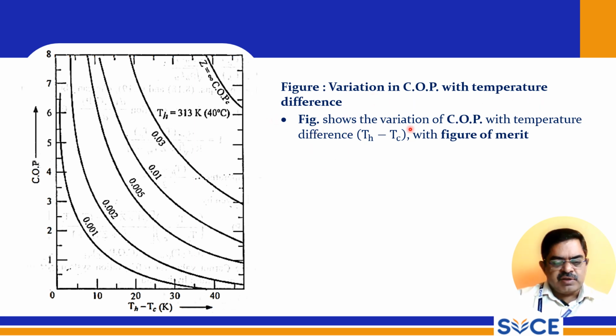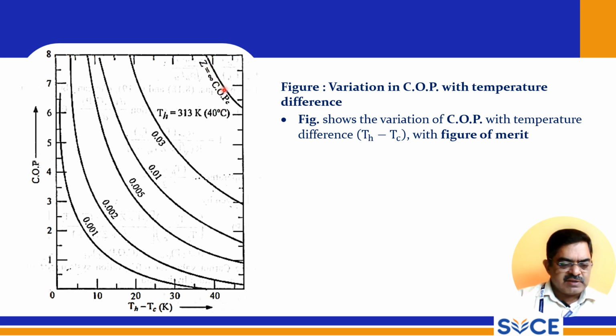Here the variation of COP with temperature difference, that is TH minus TC, with figure of merit. This is COP and this is TH minus TC on the x-axis, and this is when TH equal to 313 Kelvin, that is 40 degree Celsius.